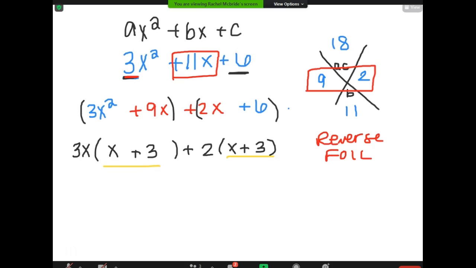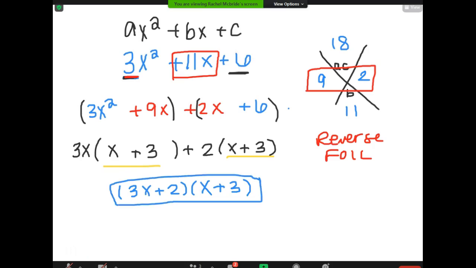So this answer in factored form is 3x plus 2, x plus 3. And if you were to FOIL it, you would get this line right here.